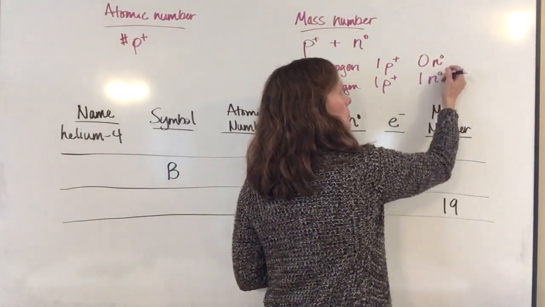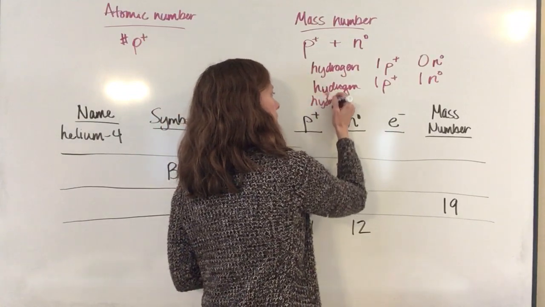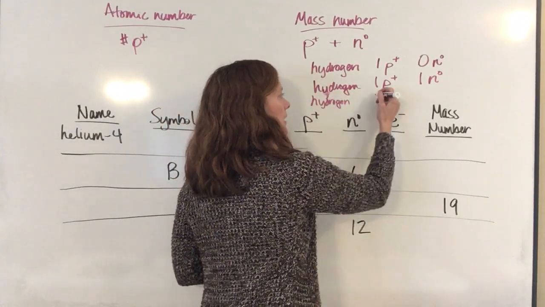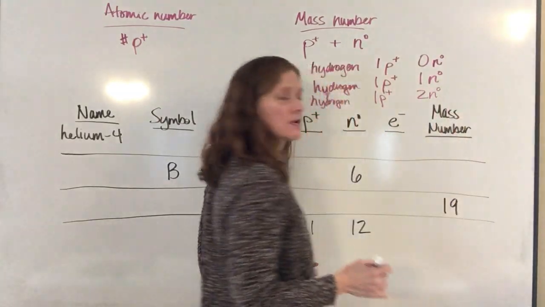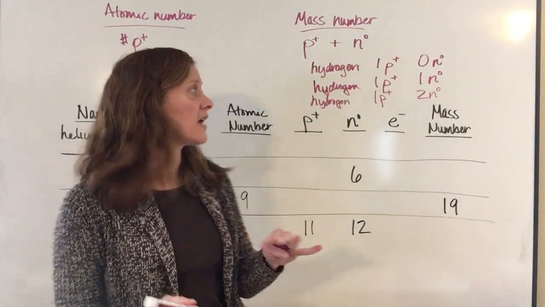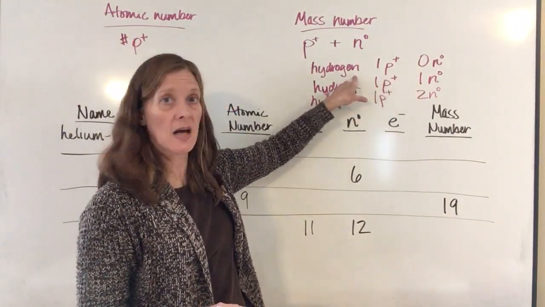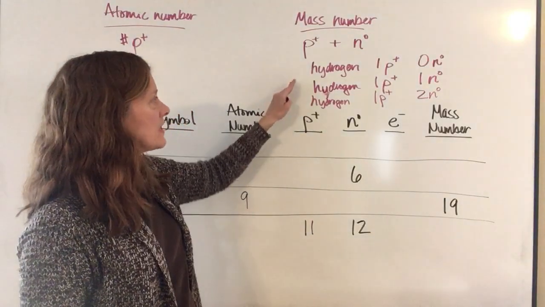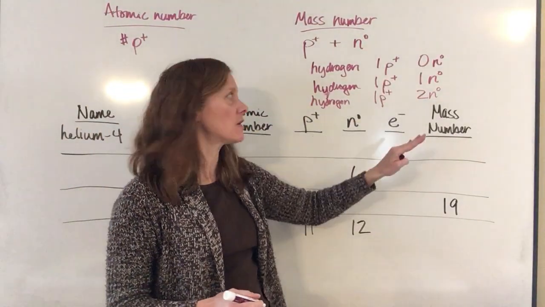Sometimes it has 1 neutron. Sometimes I will have an atom of hydrogen that has 1 proton, and sometimes it'll have 2 neutrons in it. So the number of neutrons can vary, but the number of protons will always stay the same as long as it's hydrogen.